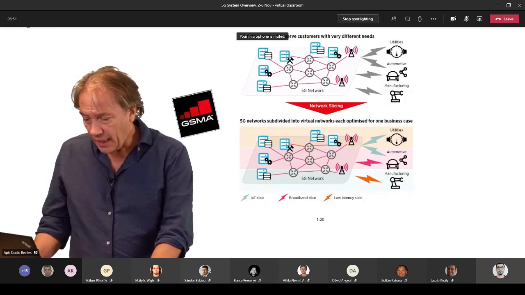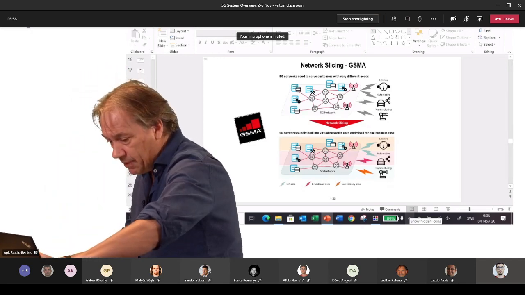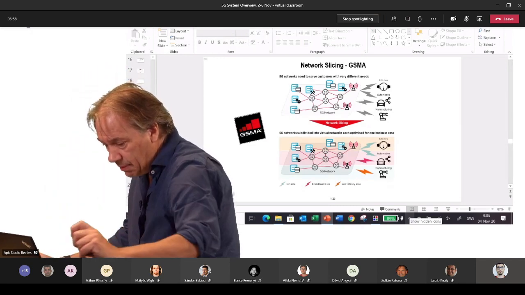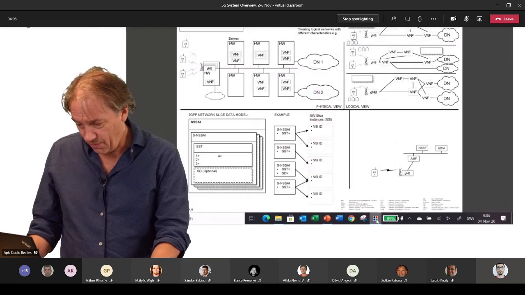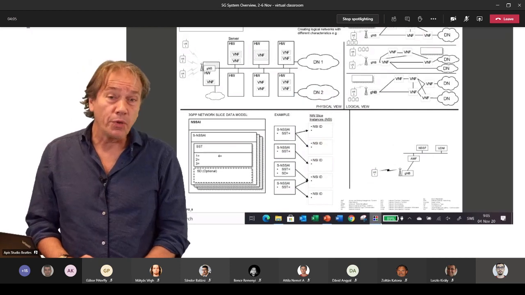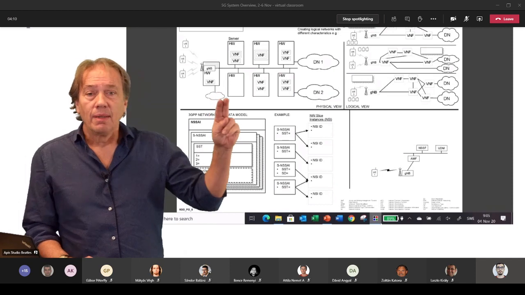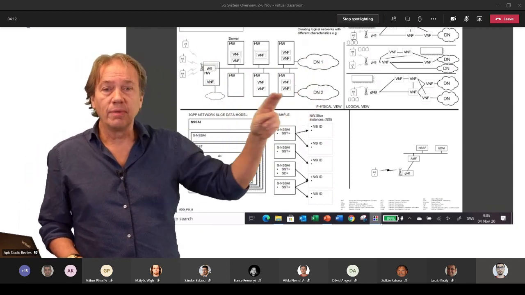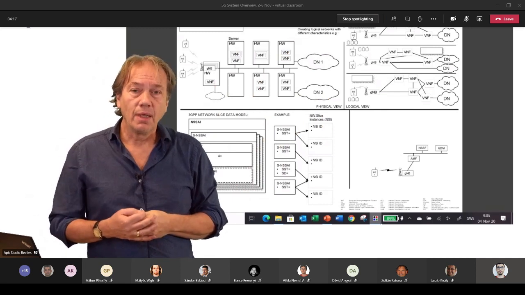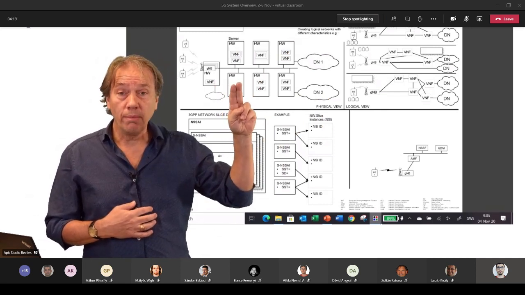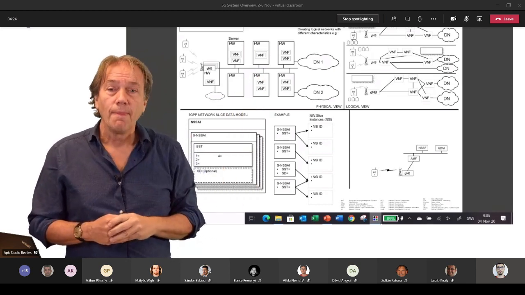So let's investigate network slicing a bit more in detail. So what we will do here is that, here we have the kind of physical representation of things. Hardware here means servers or compute nodes.